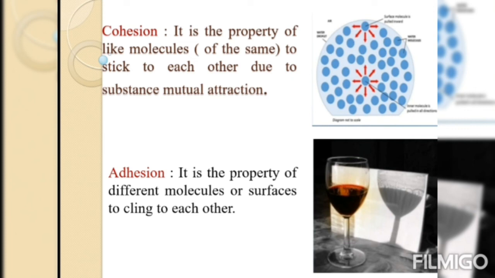Next, what is meant by adhesion? Adhesion is the property of different molecules or surfaces to cling to each other. Two or more different molecules bonding with each other is known as adhesion. Water is attracted to other substances.